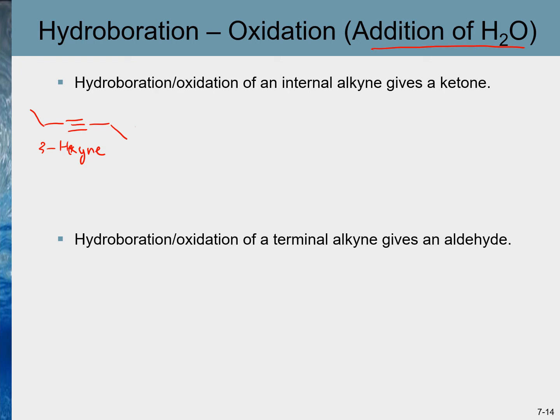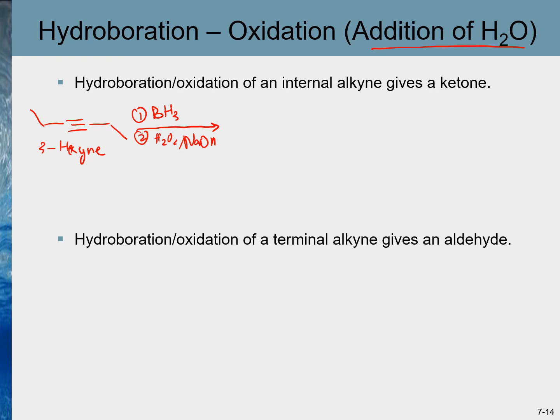If we conduct the hydroboration reaction, we have to use BH3 in the first step, and in the second step we treat it with hydrogen peroxide in presence of sodium hydroxide, and we know that the product will be addition of H and OH across the triple bond.